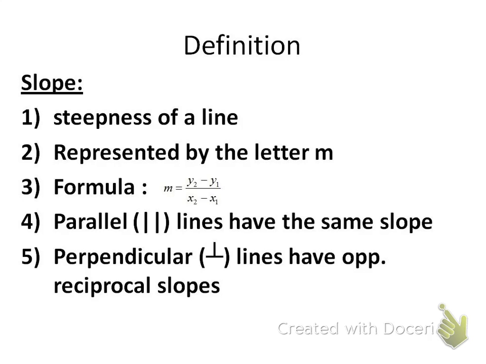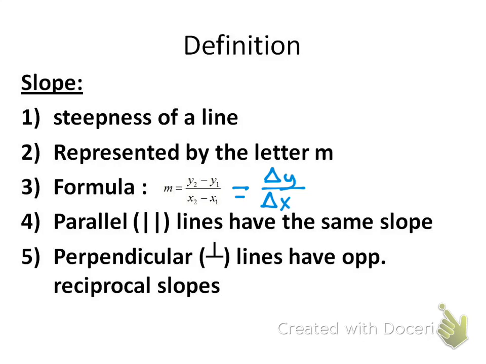Another way you might see it written is with the Greek letter delta. So if you ever see this, it looks like a triangle, triangle y over triangle x. It's actually delta y over delta x. That means the change in y over the change in x. So as you get into upper level math classes, you'll see it written like this a lot more than you see it written like this, but it means the same thing.